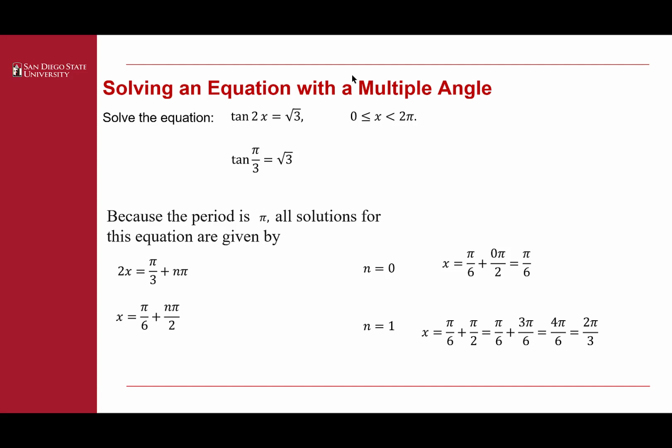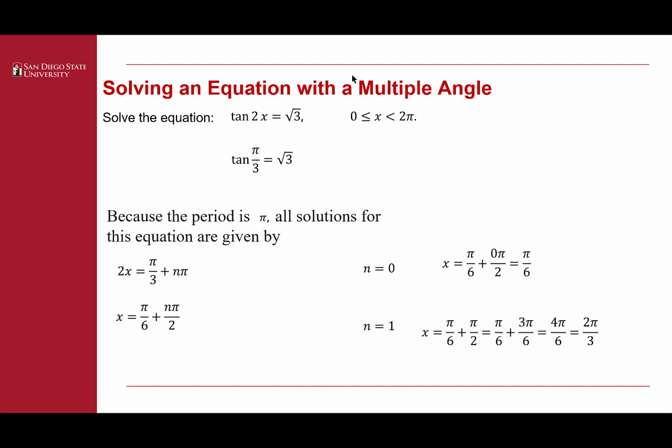Here we already know which tangent of which angle makes square root 3, and it is pi over 3. But the equation is not tangent x equals to square root 3. It is tangent 2 times x equals to square root 3.